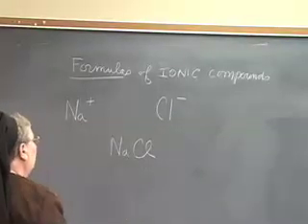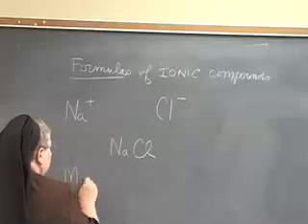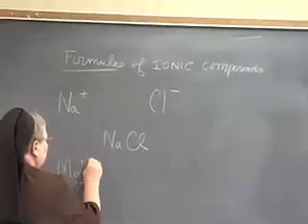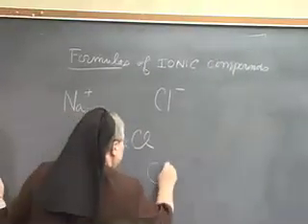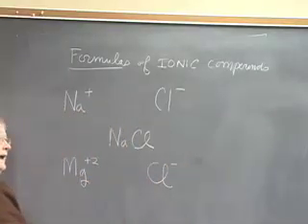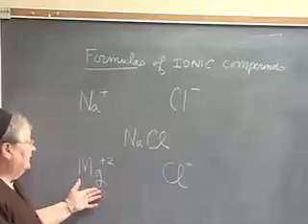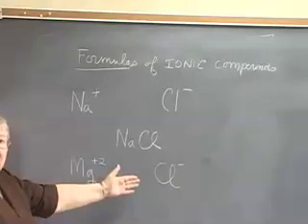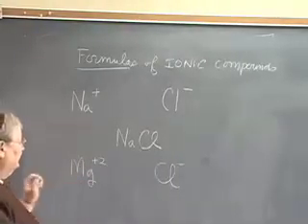So this is the ionic compound sodium chloride, NaCl. What if we try to combine magnesium, which is +2, with chlorine, whose ion is -1? I have a basic problem here: I've got to take 2 of the negative ions to combine with the positive.